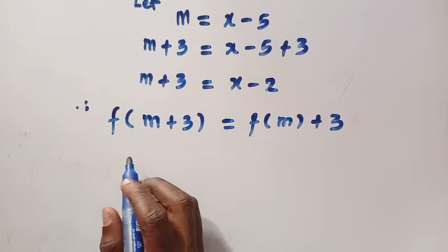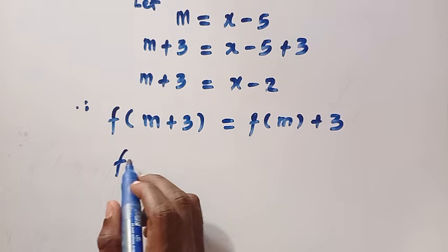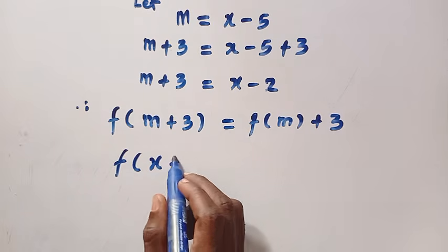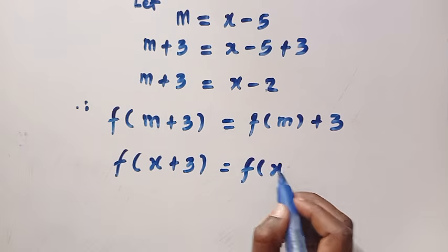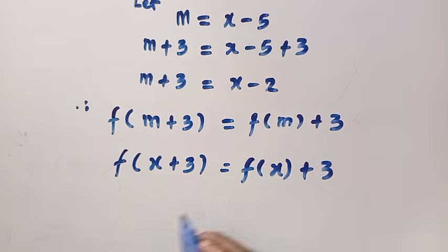Or to make it formal, since we are given x, we can just have f(x + 3) = f(x) + 3. So a function that increases by 3 whenever x increases by 3.